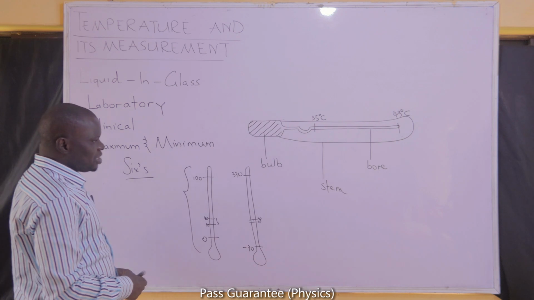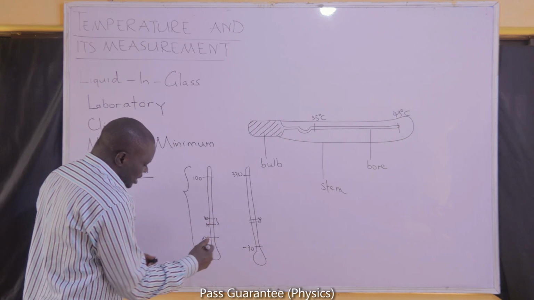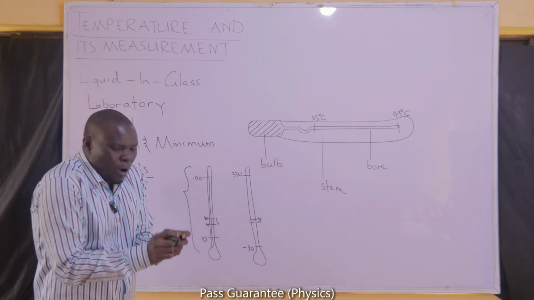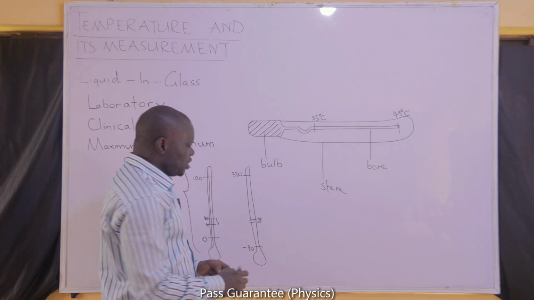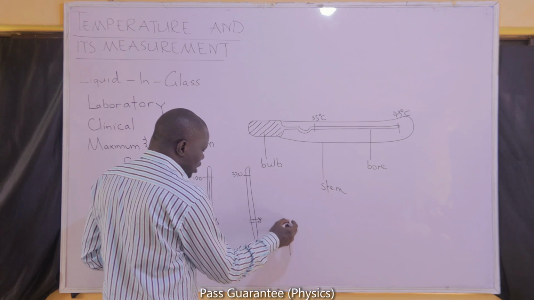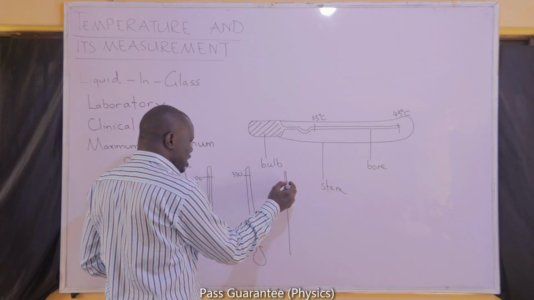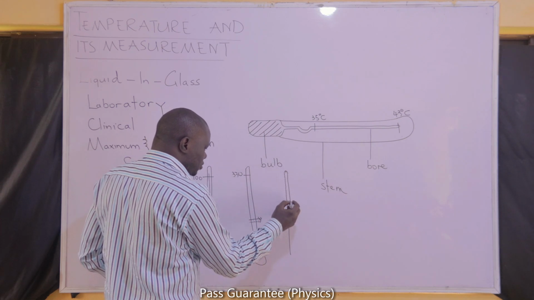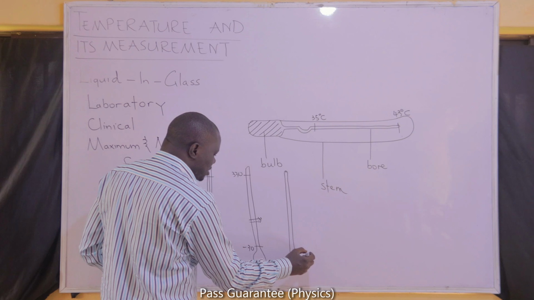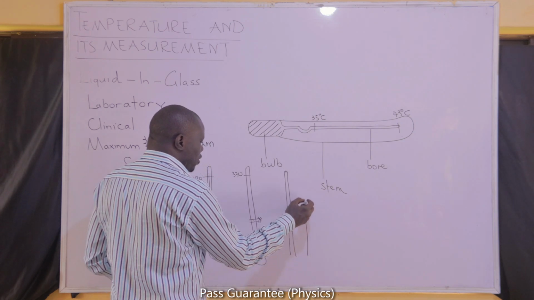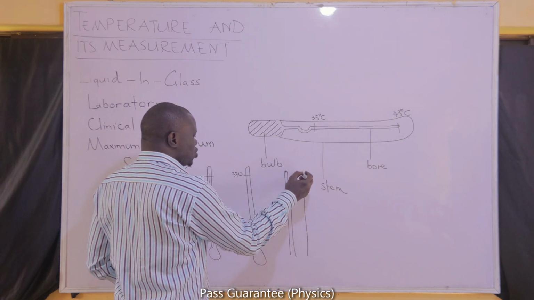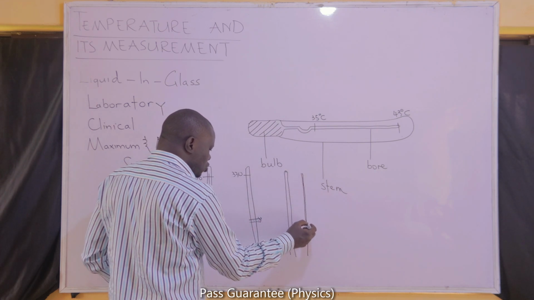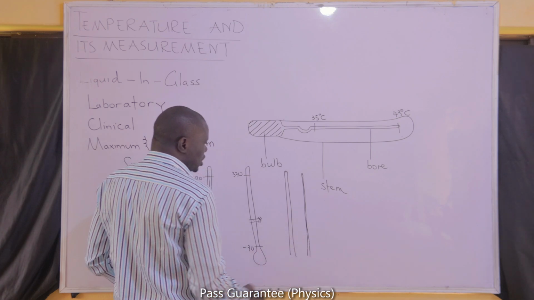And what do we do? It means if we have to expand this, the bore within it must be narrower, very narrow. If the bore of a normal laboratory thermometer is this wide, we expect the bore of a clinical thermometer to be so narrow, we may not even have the space to show the line between them.